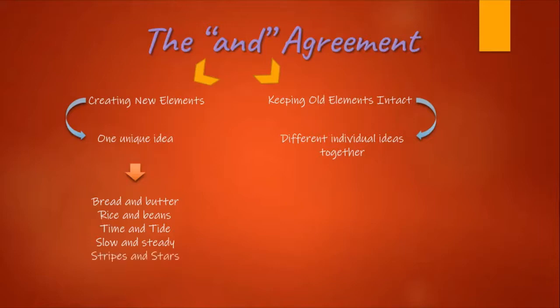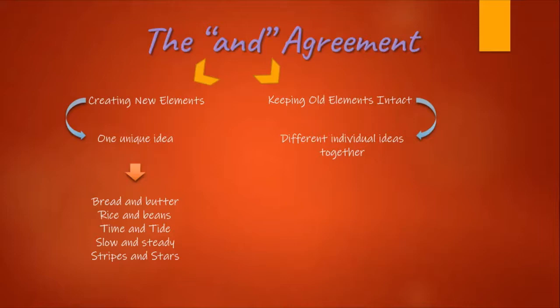When you say Stripes and Stars, note the capital S. This is important. Stripes and Stars, both the S are capitalized. Why? Because they are not just any stripes or any stars. They represent the stripes and stars which you can see on the national flag of the USA, the United States of America.